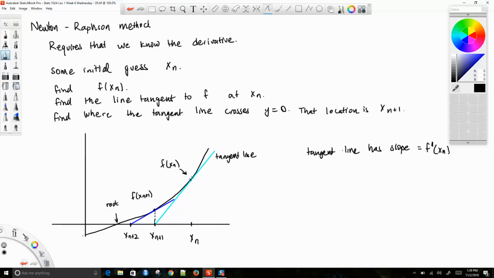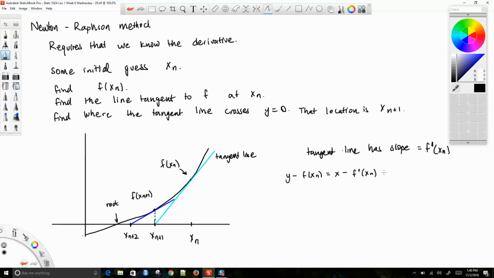We can find the equation of this line, and this is going to be the point-slope form. You've got y minus f of x of n is equal to x minus, f prime of x of n.